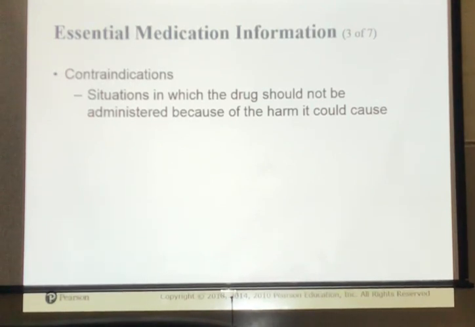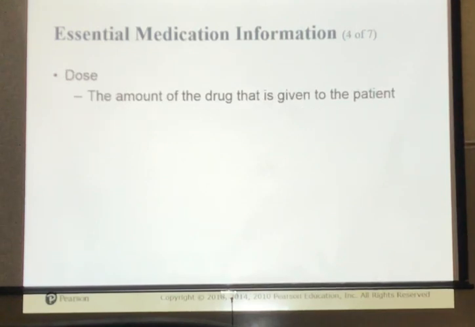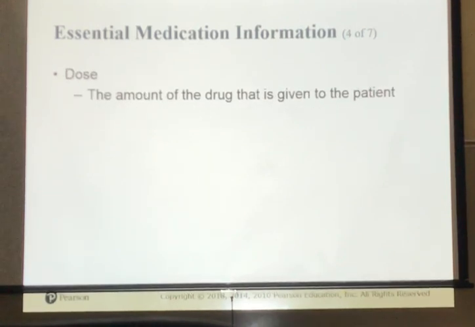An absolute contraindication indicates that the drug shouldn't be used in this certain situation or condition under any circumstance, whereas a relative contraindication dictates that the drug isn't preferred but can be used if absolutely necessary and no alternative is available. Dose. It's important to distinguish between adult doses and children and infants' doses so that the correct dose can be administered.